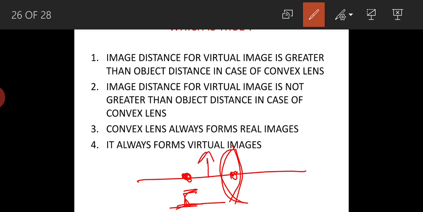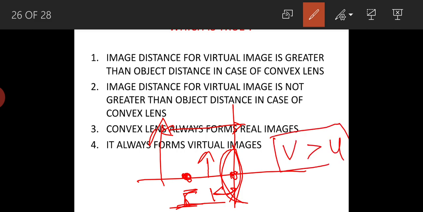So here, for example, if we place object, then virtual image forms at this point. It means this is object distance and this is image distance. So in this case, image distance is always greater than object distance. V is greater than U. So image distance for virtual image is greater than object distance. So this is true. Image distance for virtual image is not greater than object distance. This is false.